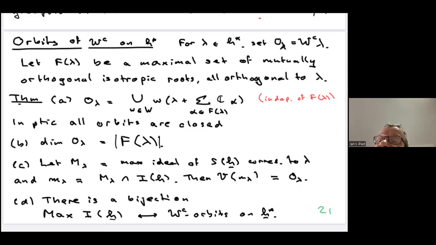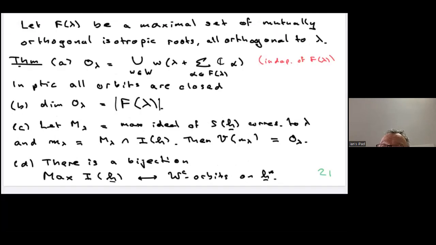In particular, all orbits are closed, and the dimension of O_lambda is the number of elements in F_lambda. If M_lambda is the maximal ideal of S(H) corresponding to lambda, and small m_lambda is its intersection with I(H), then the zero set of m_lambda is this orbit, and we get a bijection from maximal ideals in I(H) to WC orbits on H star. So I think that's it. Thank you very much.